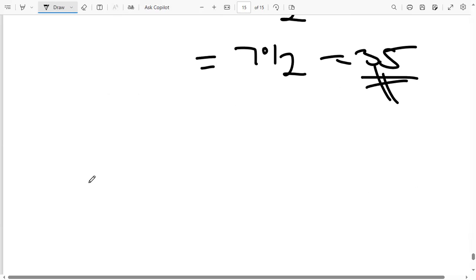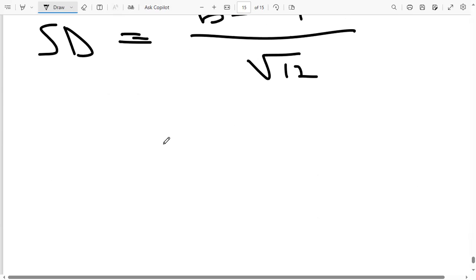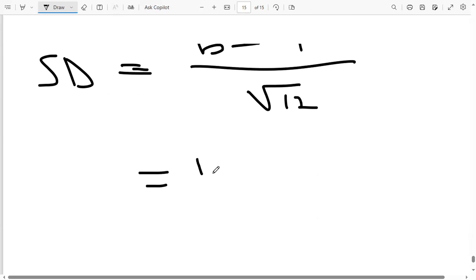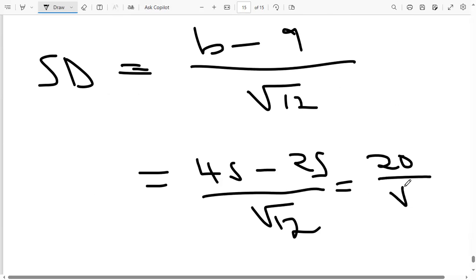Then the standard deviation. Standard deviation, we said its formula was B minus A over root of 12. Okay, so B is 45 minus 25, and then divided by root of 12. Okay, so 45 minus 25 is 20 divided by the root of 12.